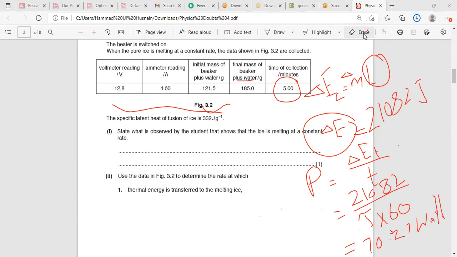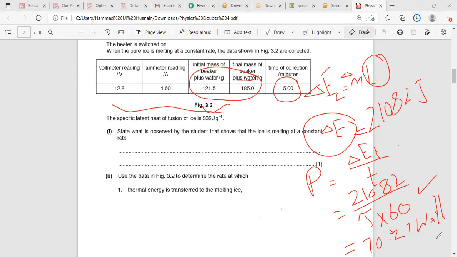Now, in the second part, try to understand, Raini. It is asked how much heat is being gained from the surrounding. So how can we find it out? We have found that the rate at which total thermal energy is being transferred is 70.27.